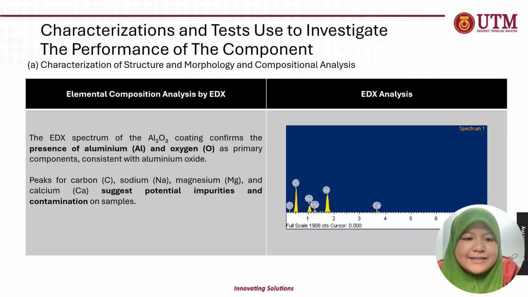For example, we can see a high percentage of oxygen and also a high percentage of aluminium, so we can roughly tell it is aluminum oxide. The others, sodium and magnesium, are maybe impurities, contamination during the coating process.